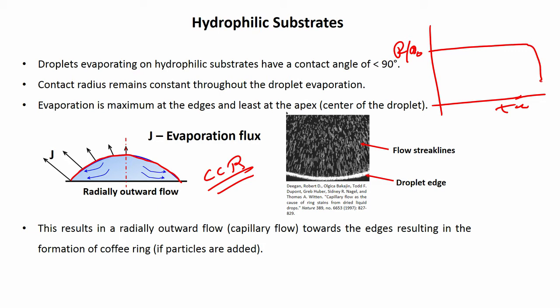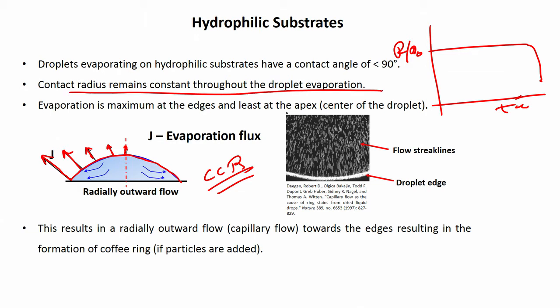Near this three-phase contact line, the evaporation is highest, and it progressively reduces as you go to the top. So, evaporation is maximum at the edge and least at the apex, which is at the center of the droplet, and the contact radius remains constant throughout the droplet evaporation.